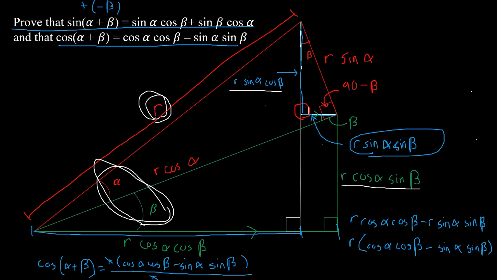So you can replace all these positive betas with negative betas, and you're going to find that sine alpha minus beta is equal to sine alpha cosine beta. Notice that the beta became positive again because cosine is an even function, so the negatives don't actually matter.